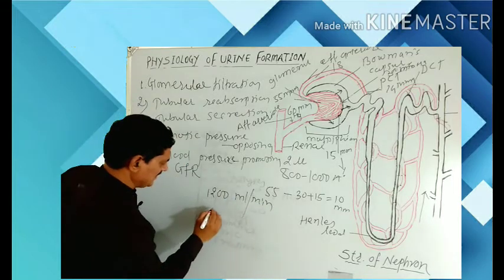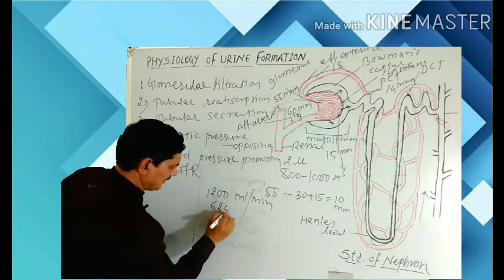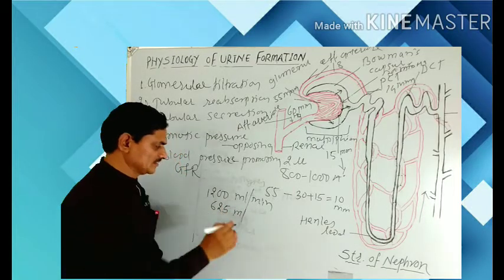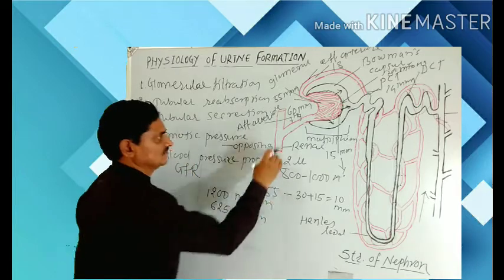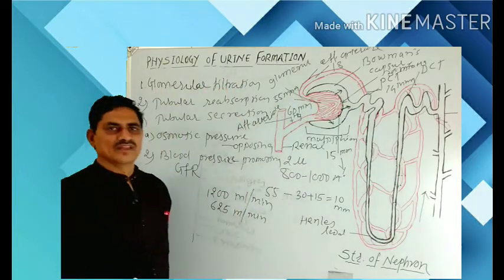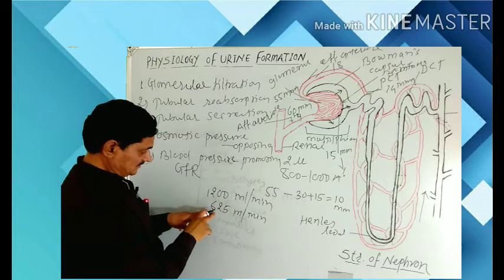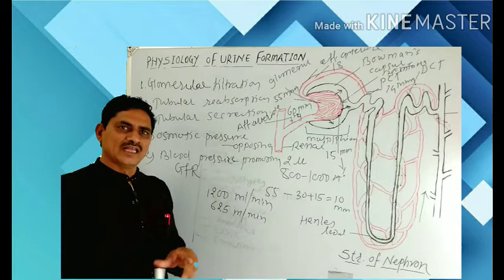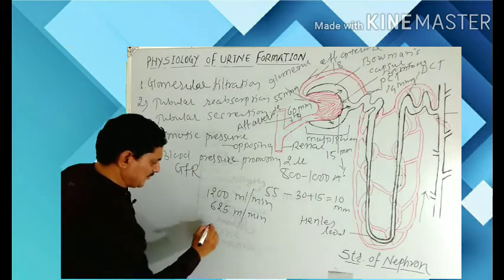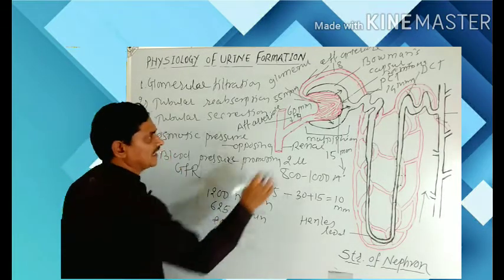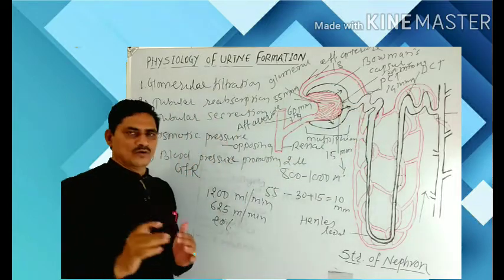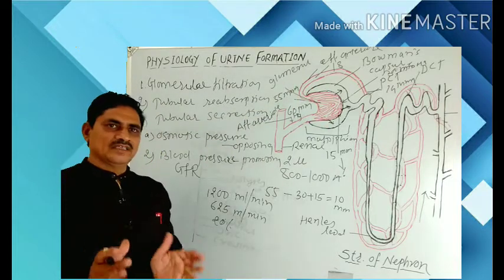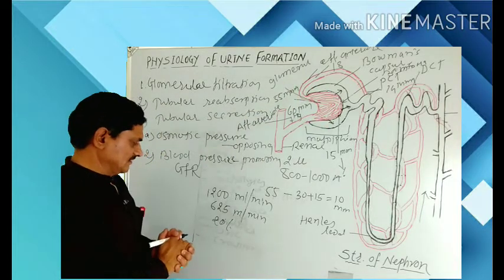In this blood, 625 ml of plasma filters per minute, means it enters into this region. Among these 625 ml of plasma and the plasma components, 20% are filtered through this glomerulus by the process of ultrafiltration.